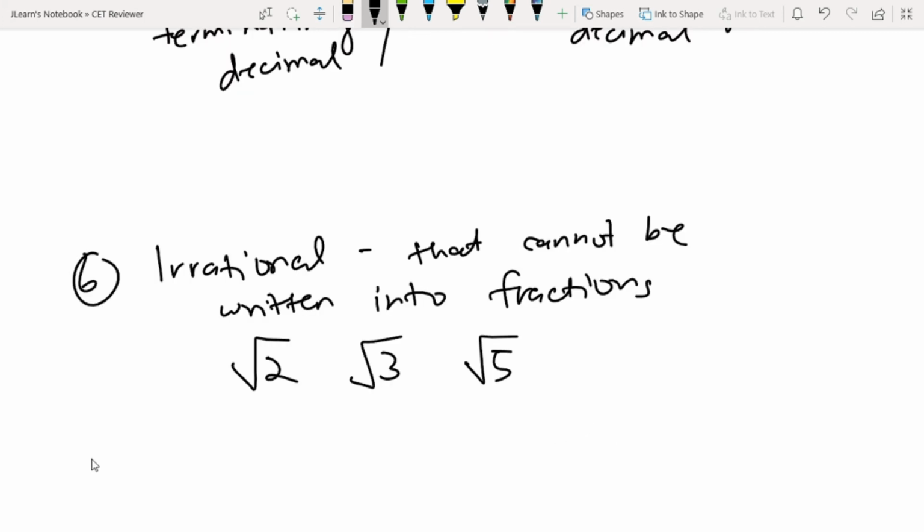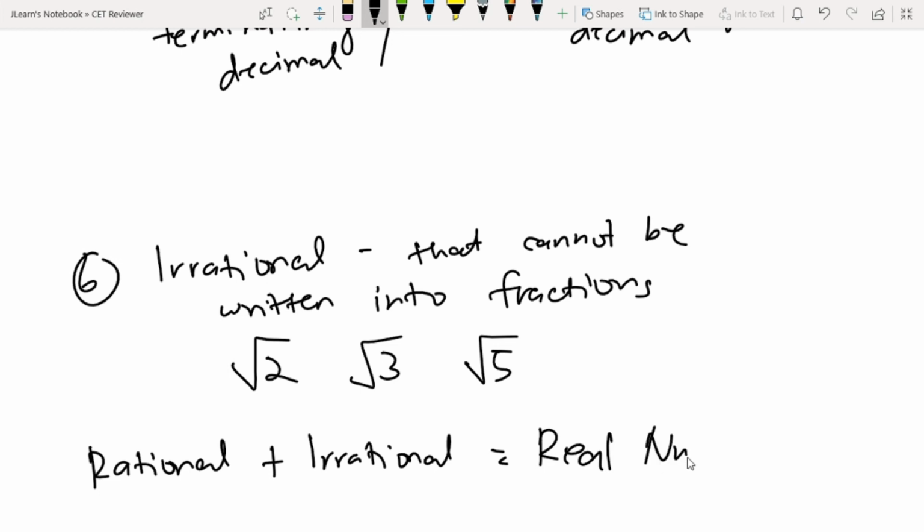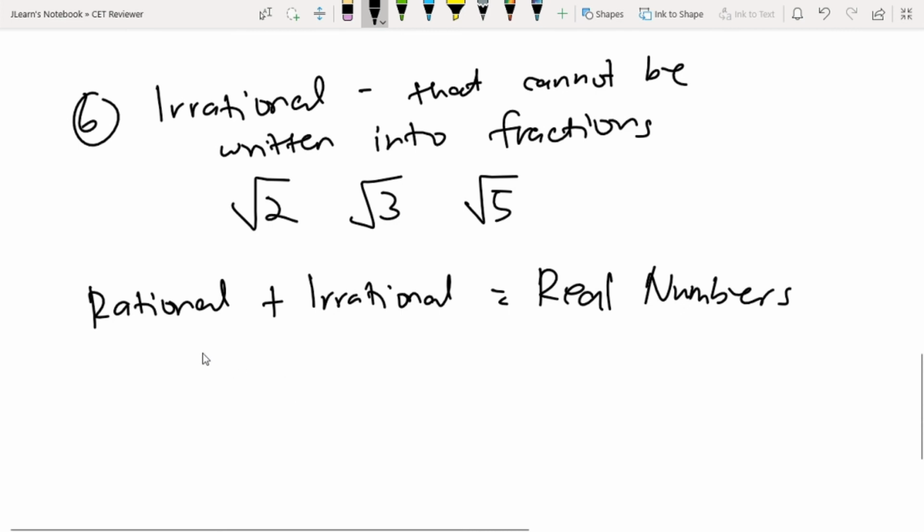So, yung set containing the rational numbers plus the irrational numbers ay tinatawag na real numbers. Okay? And then, ang real numbers we represent as R. Okay? So, R na may dalawang line.